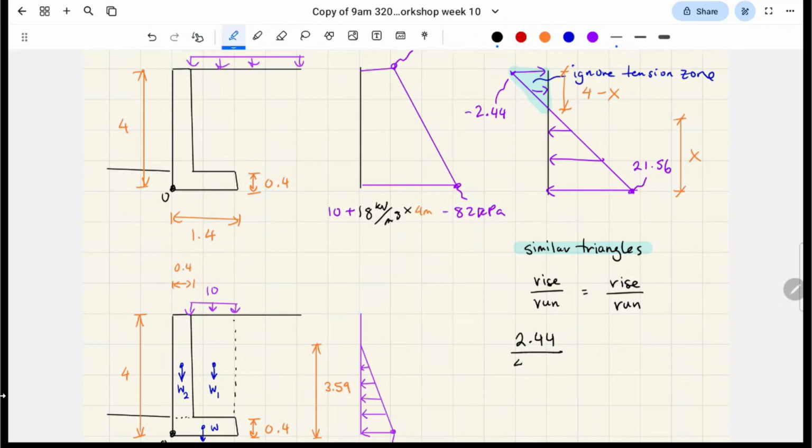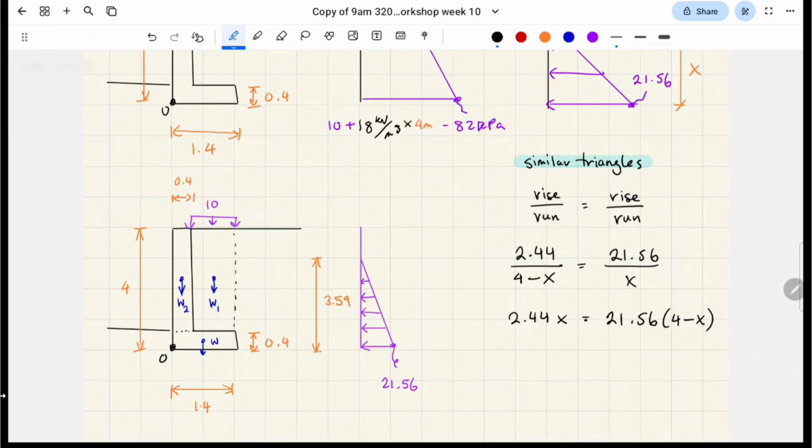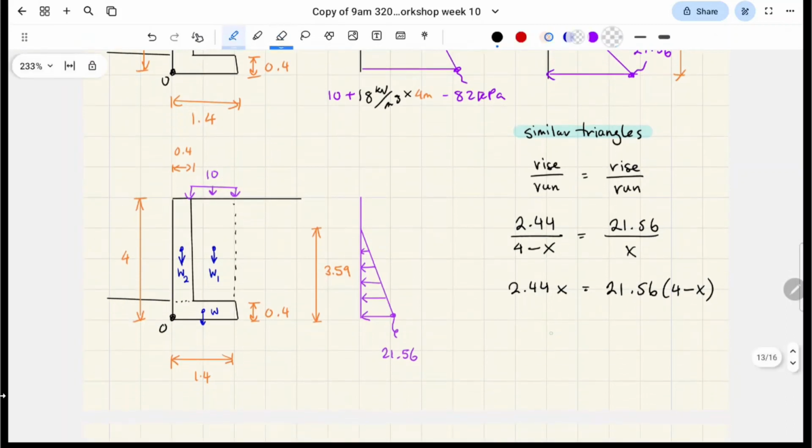The run is 4 minus x. The rise of this triangle is 21.56, and the run is x. Get it? So now it's just a matter of solving for x, right? We cross multiply, and then just group like terms. So x is equal to this.